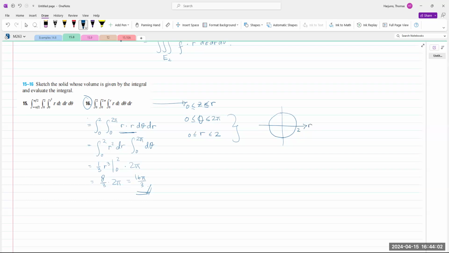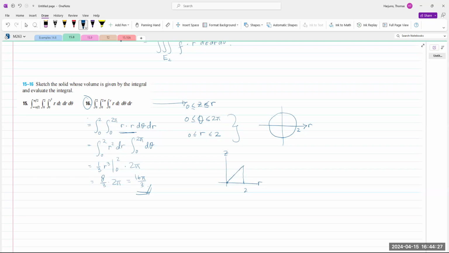It's the r theta plane. Okay, now then how about z equals r? z equals r. So if this is r, this is z, that's from 0 to 2. It looks like this, right?